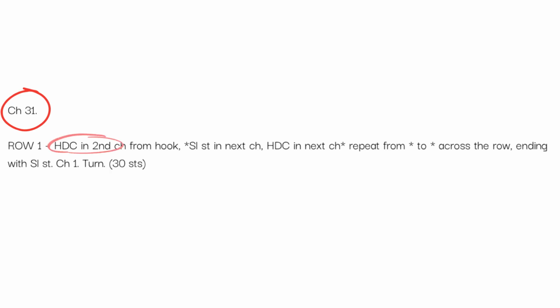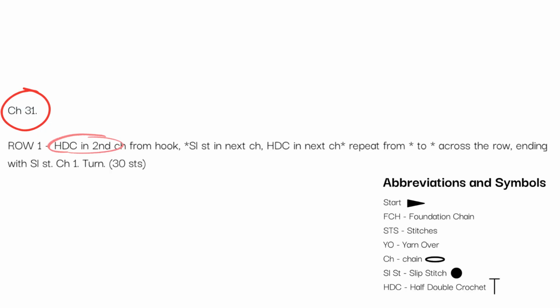HDC in the second chain, or second CH, from hook. If you go up to the abbreviations, then you know that HDC is the half double crochet and the CH is the chain. So then it means that you have to make your half double crochet into the second chain from the hook.